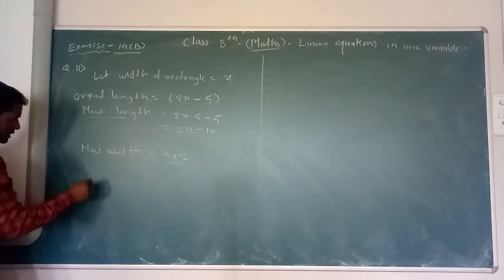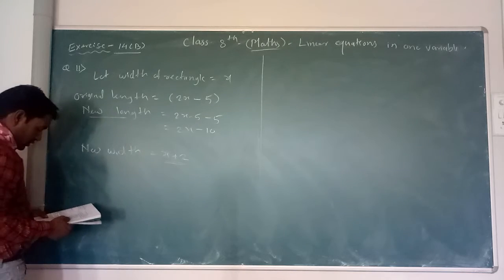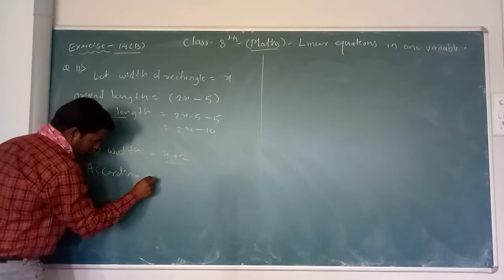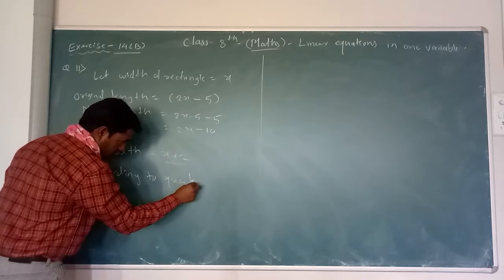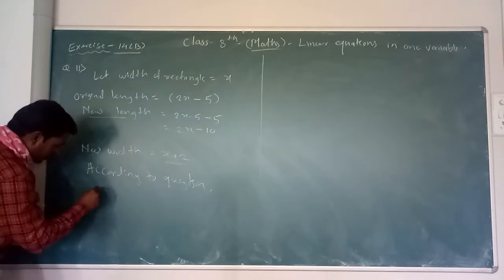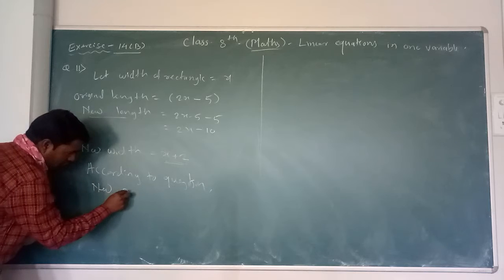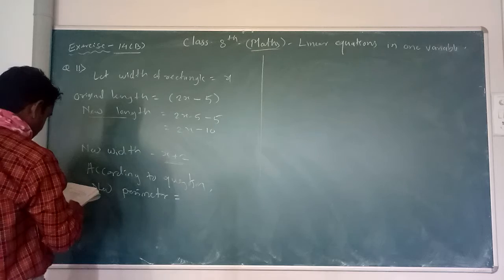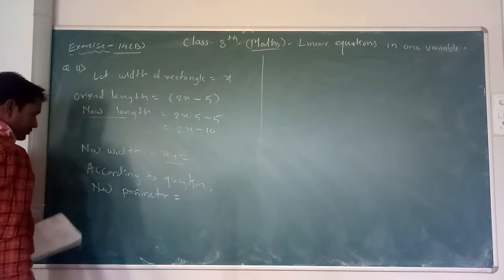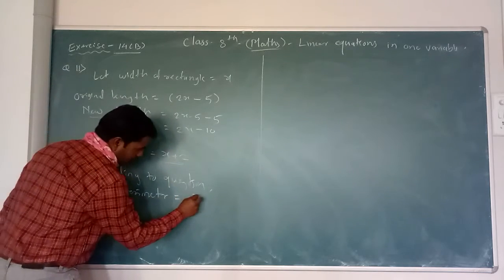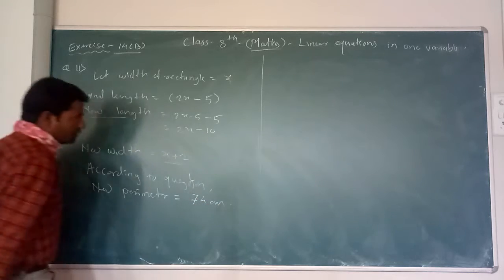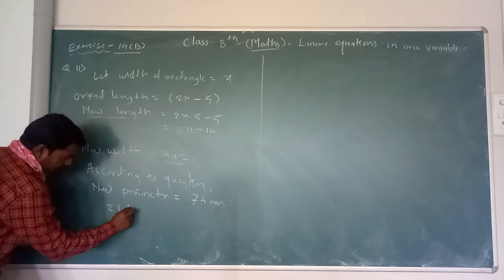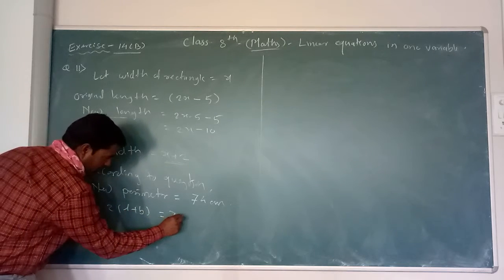Therefore, according to the question, the new perimeter is 74 cm. We know the formula for the perimeter: 2 into bracket L plus B is equal to 74 cm.